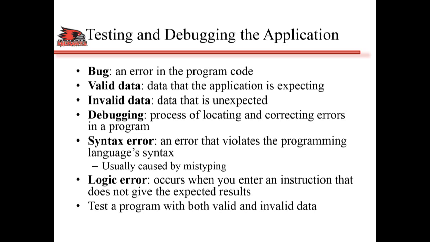To give you an example, suppose you wanted to add two numbers, but instead of putting the plus sign, you put the asterisk or multiplication sign. To the computer that's fine, they can handle multiplication as much as addition.